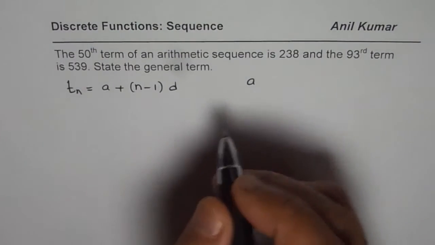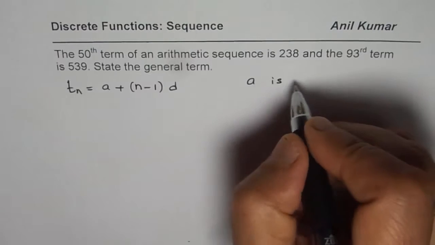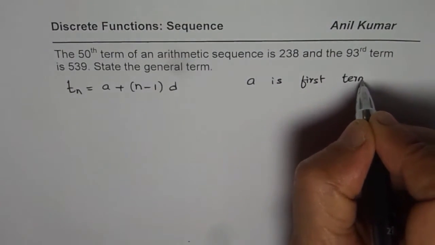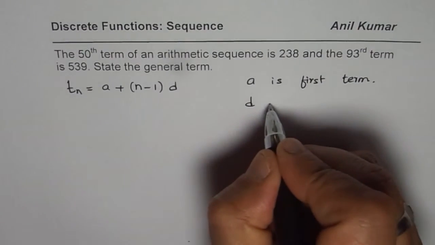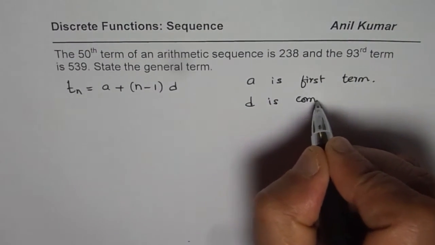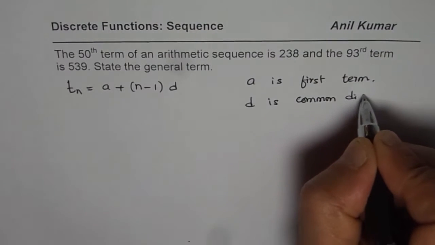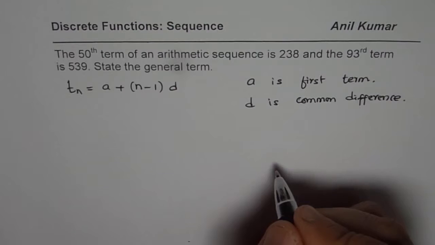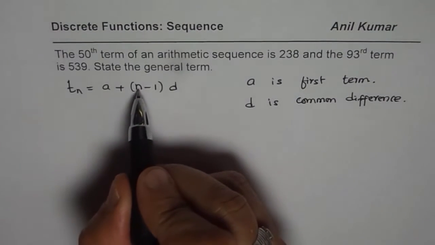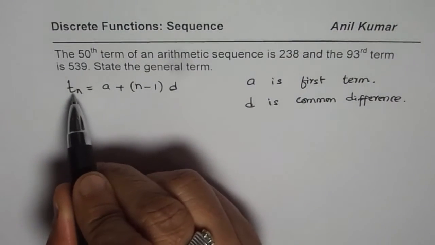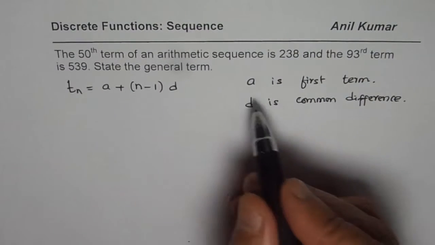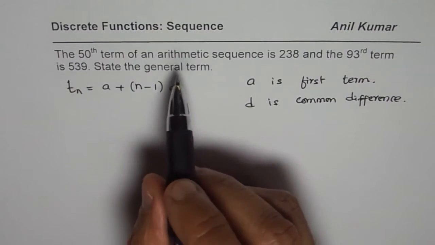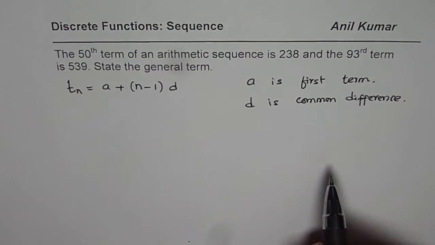And d is the common difference. In case n is 1, you'll get a, that means t1 is a, correct? So that explains what a is, and d is a common difference. In an arithmetic sequence, you'll always have a common difference.